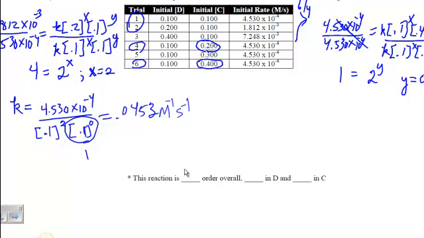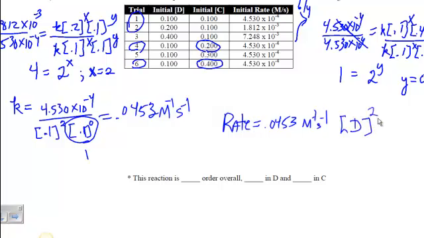Okay, and we can see that overall, the rate is equal to 0.0453 times D to the second order, and this would be C to the 0 order, which we usually reduce.